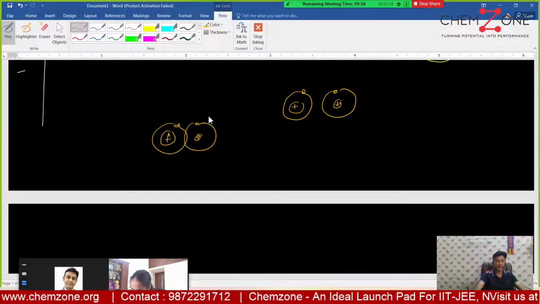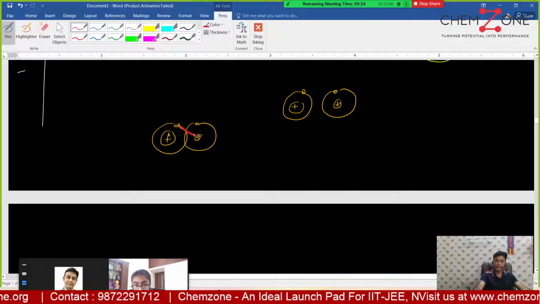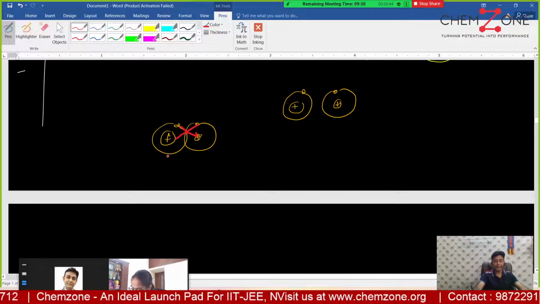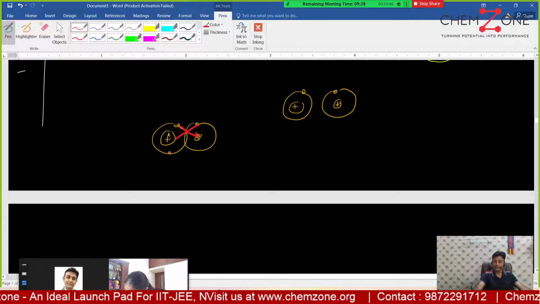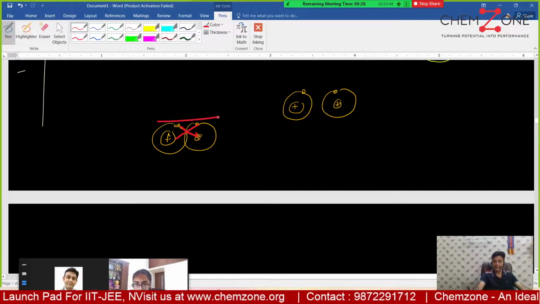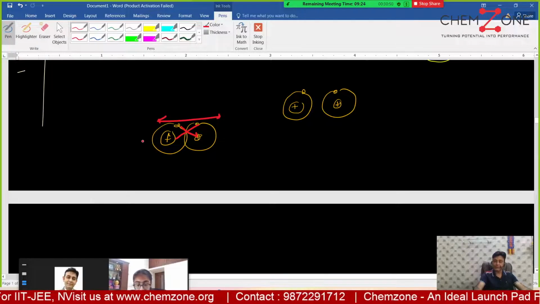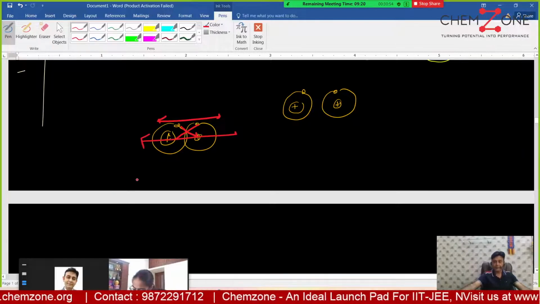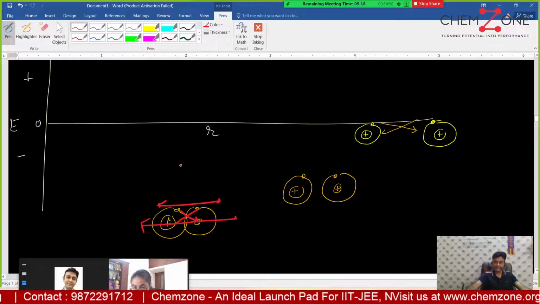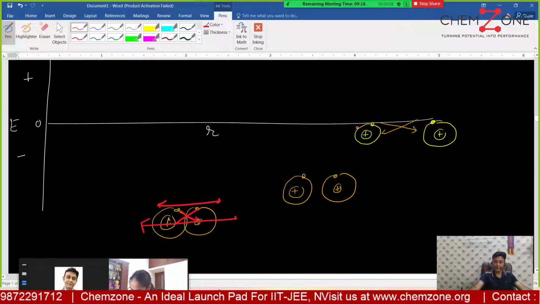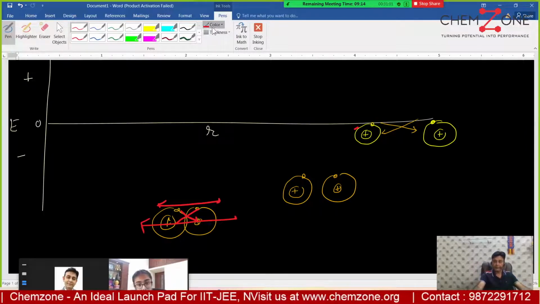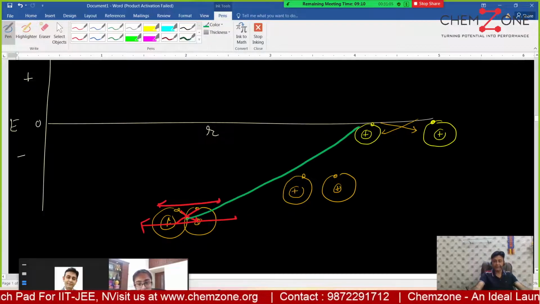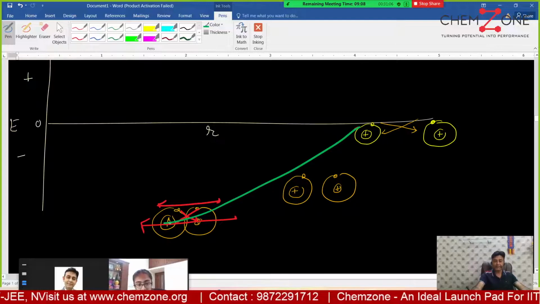in this case, what is happening? The electron of atom one is attracted toward the nucleus of the second. Now, if they come even closer, there will be inter-electronic repulsion and inter-nuclear repulsion, and due to that the energy will further increase. This is the energy when they have made a bond.